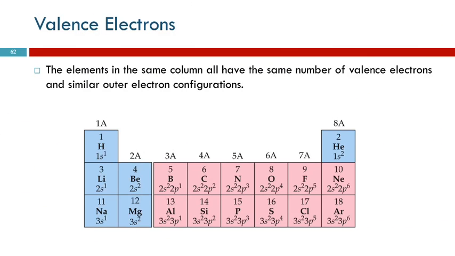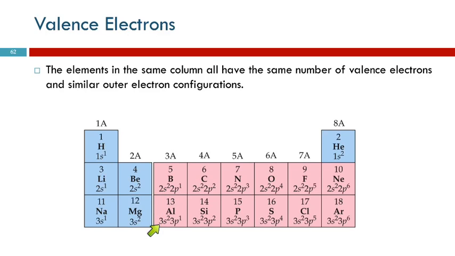What we observe is that elements in the same column have the same number of valence electrons, and similar outer electron configurations. So in group 1A, their electron configurations are going to end with something s1. In group 2A, they all end in something s2. Group 3A, they end in s2p1.